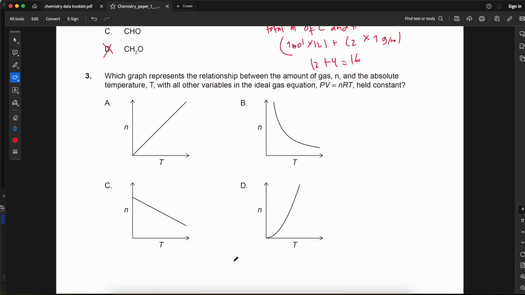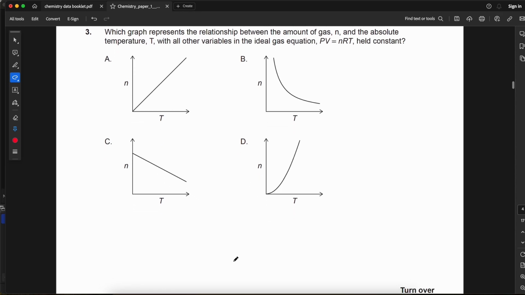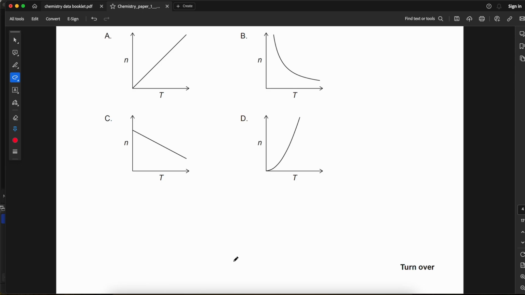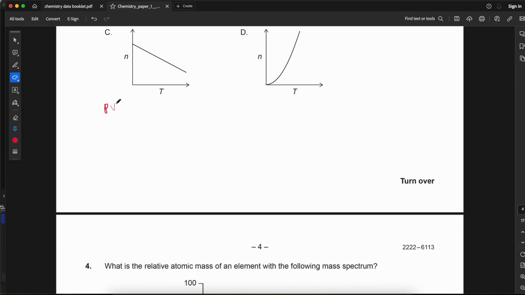Which graph represents the relationship between the amount of gas n and the absolute temperature T, with all other variables in the ideal gas equation, PV equals nRT, held constant? Okay, the formula is PV equals nRT. Let's arrange this so T is the subject.